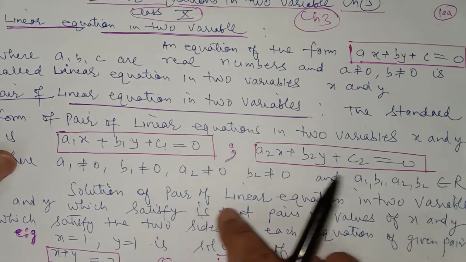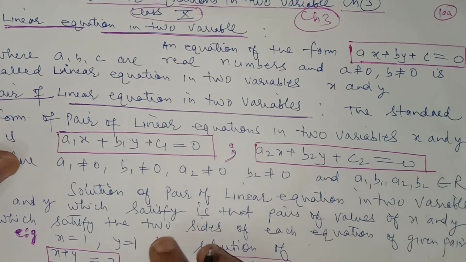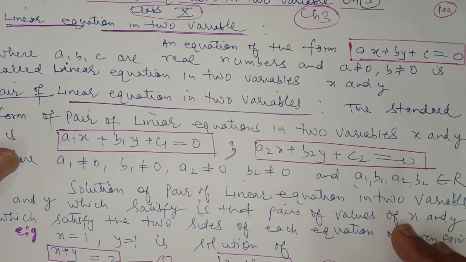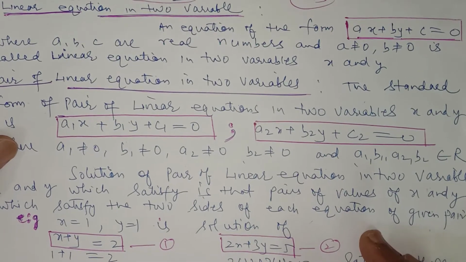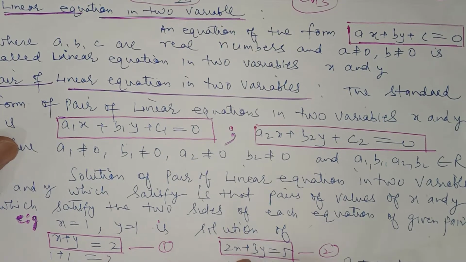The solution of the pair of linear equations in two variables x and y is those values of the variables which satisfy both the equations. For example, suppose we have x plus y equal to 2 and 2x plus 3y equal to 5.